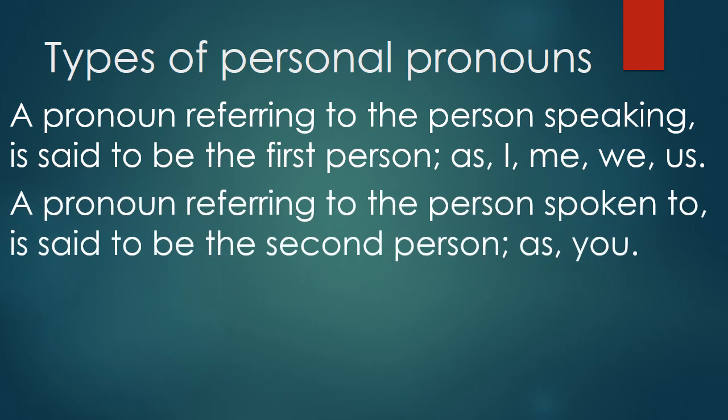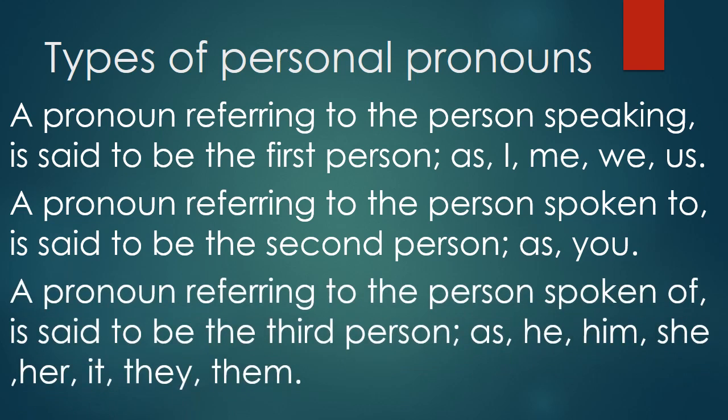A pronoun referring to the person spoken to, means with whom we speak while talking, is known as second person pronoun. Now third person pronoun: a pronoun referring to the person spoken of is said to be the third person.